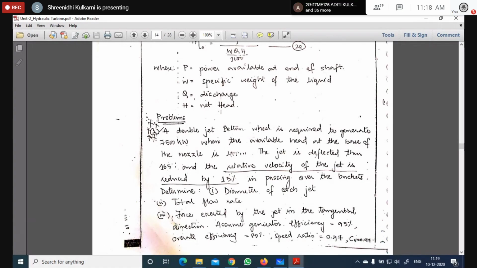So determine, first one, the diameter of each jet. Second one, total flow rate.